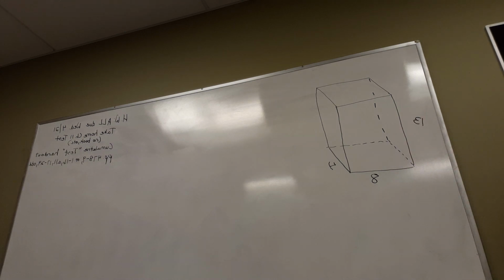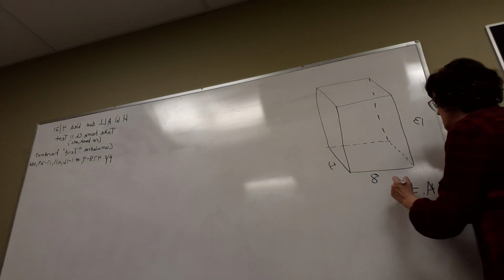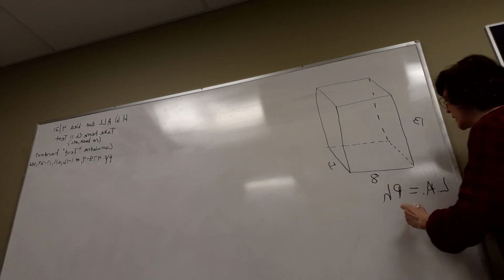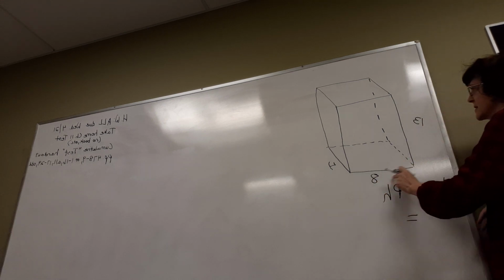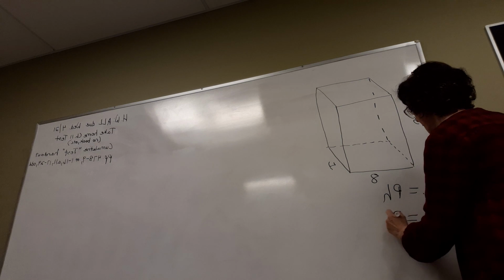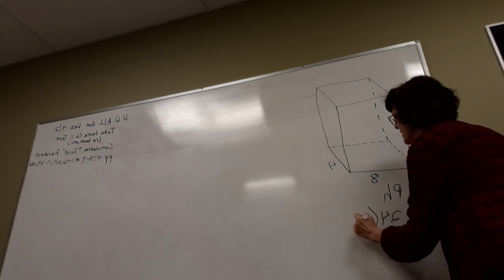Okay? So to get the lateral area, we do the perimeter times the height. What's the perimeter of the base? 24. And then the height is the 13.